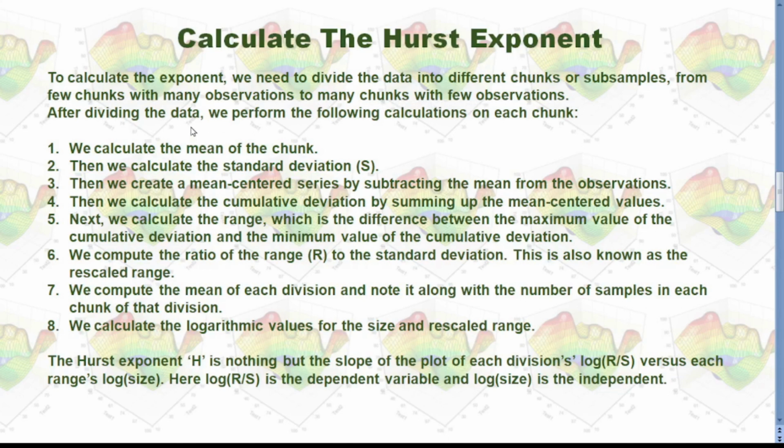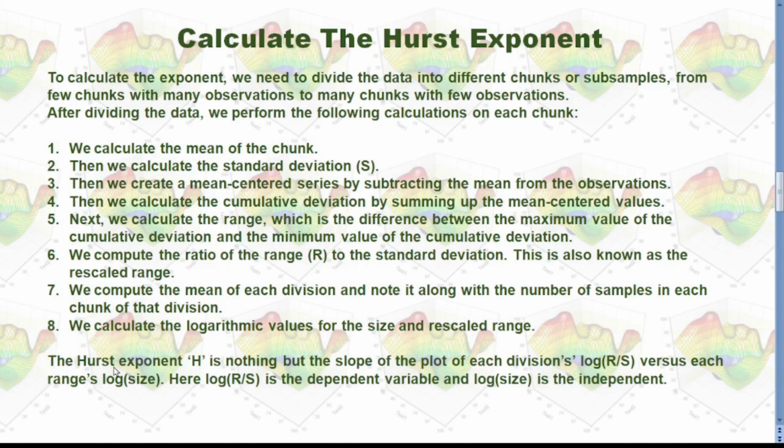Basically, we want to figure out the trend of all those chunks. One chunk is a small unit for the trend analysis. And you can go through all the steps to calculate the H value.